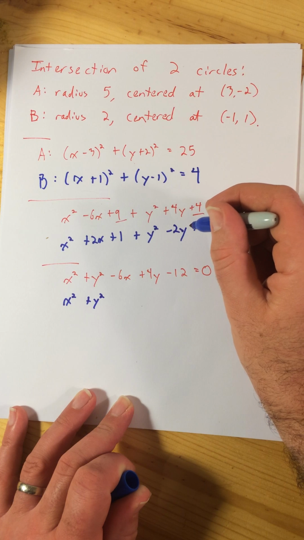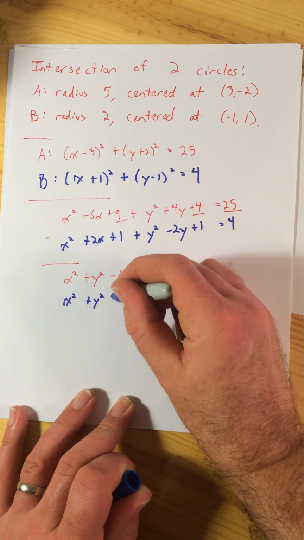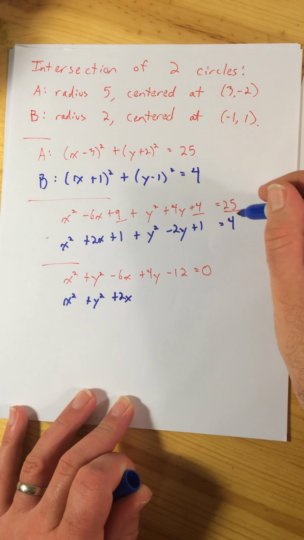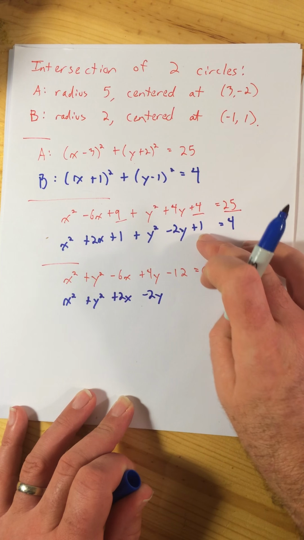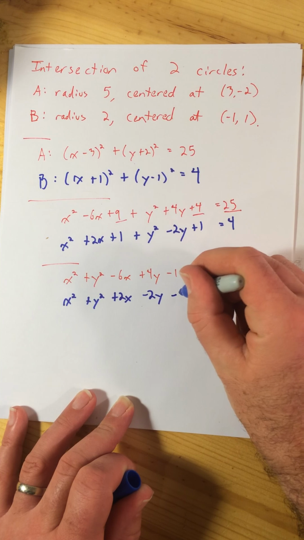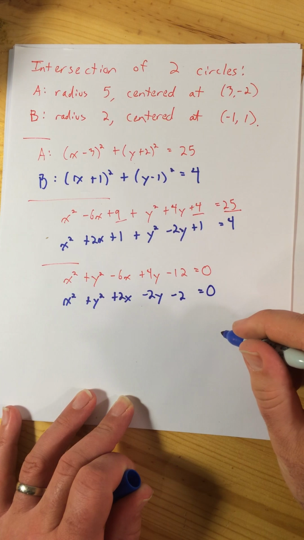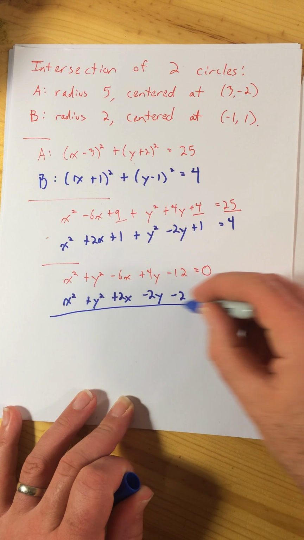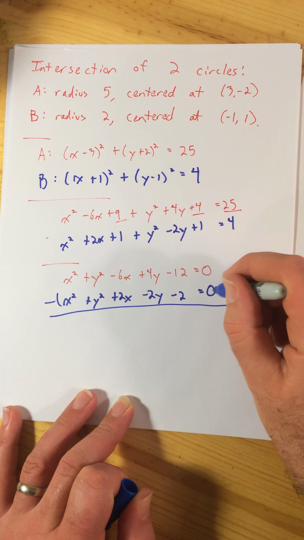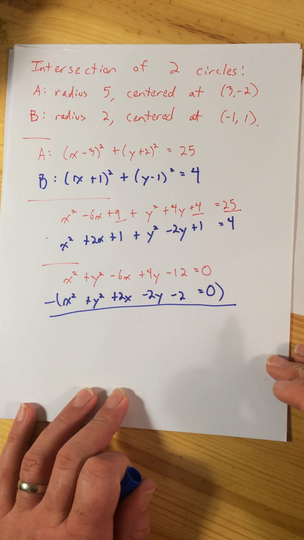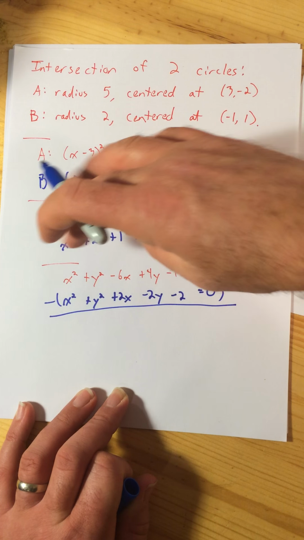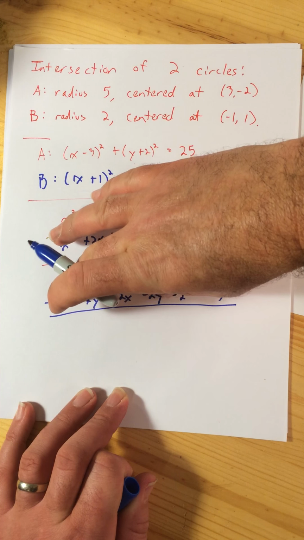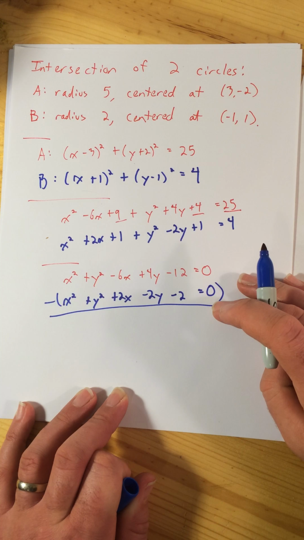Look at my other terms. I've got +2x, I've got -2y, and my total constants, I've got 2 here, and I'll be subtracting 4, so it's -2 equal to 0. Now at this point, what I want to do is just take the top equation and subtract the bottom equation. These two things are equal, so that means the top minus the bottom is 0 minus 0, which is still 0.